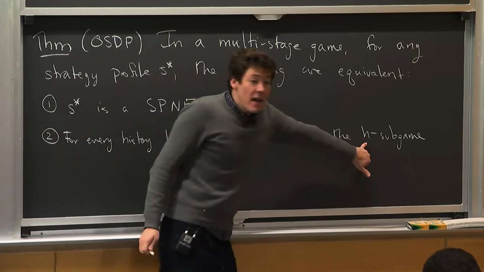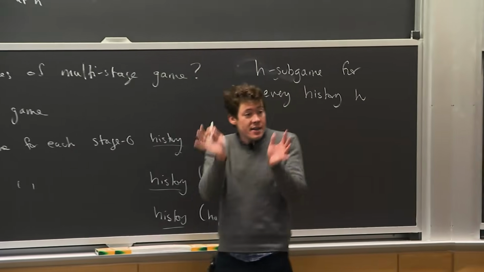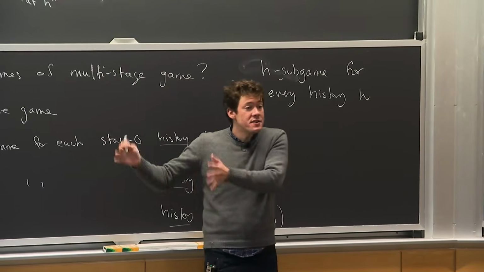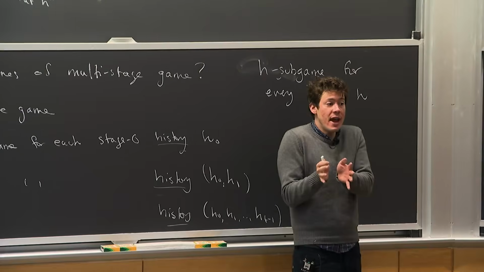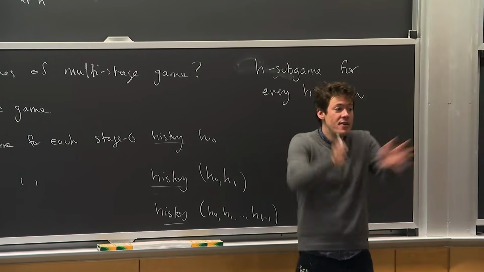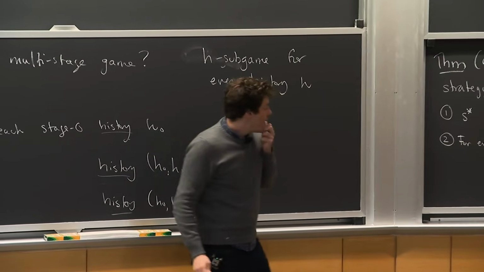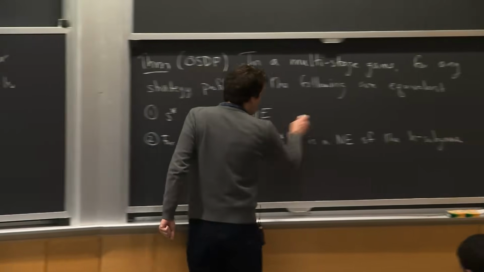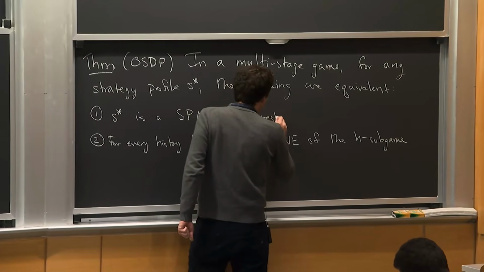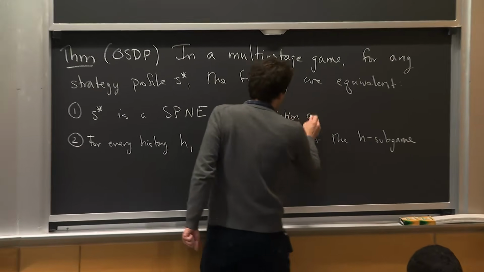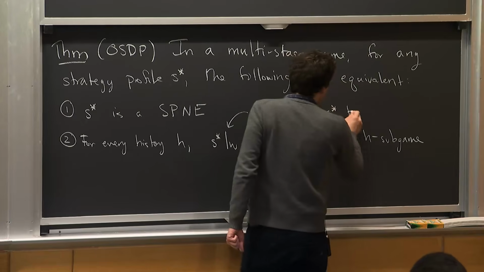What is the H subgame? This is what I described up here. It's the subgame that starts at history H, where the players have observed the path of play along this history H up to the current stage, and then they can choose how to behave from here onward. What is S star H? This is notation for the restriction of S star to the H subgame.